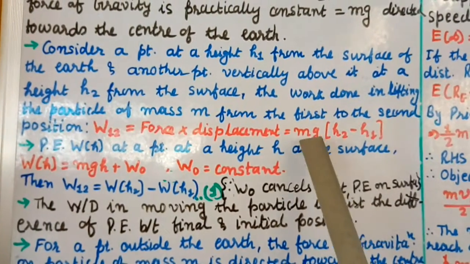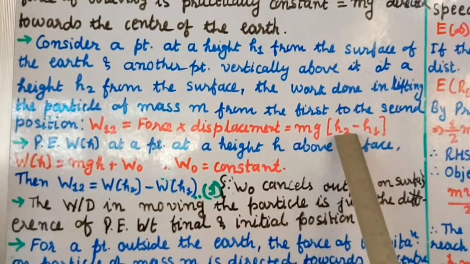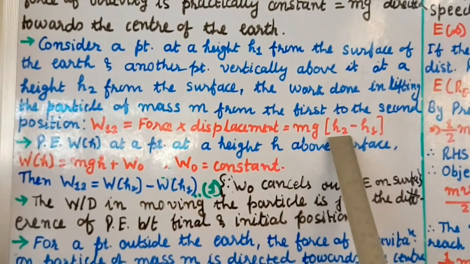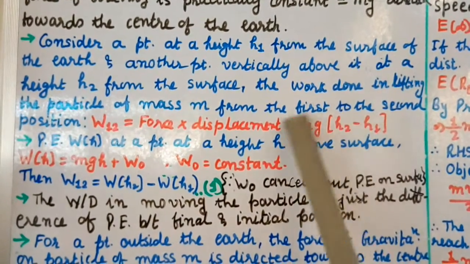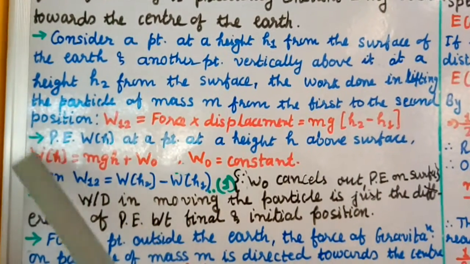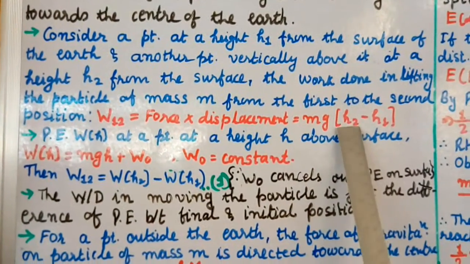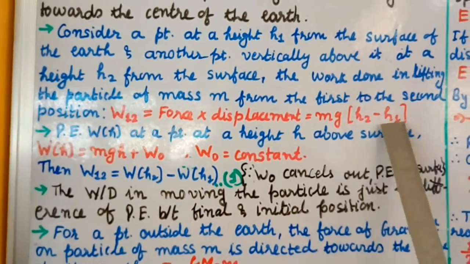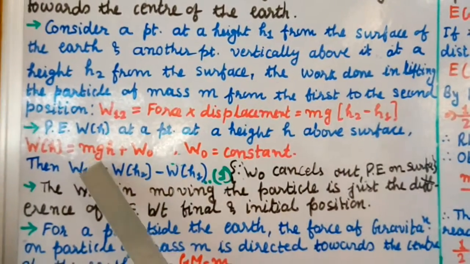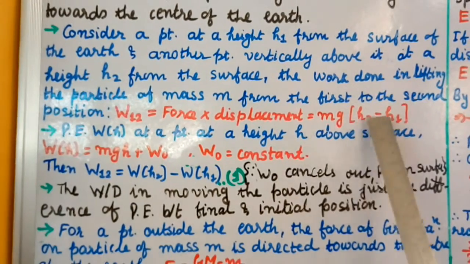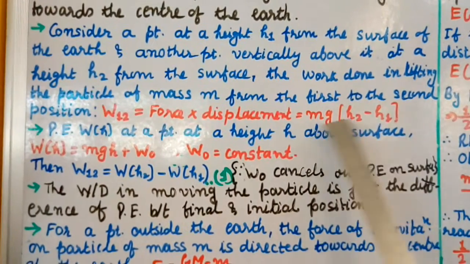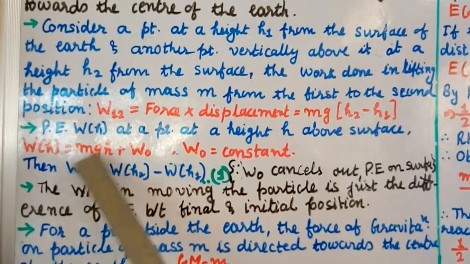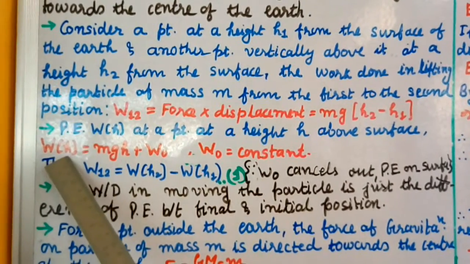Okay, now suppose you multiply this mg inside, so mg into h2 will be the potential energy at height h2. If you use this formula you can write mg h2 as WH2. And mg h1, if you compare with this formula, will be WH1, right?